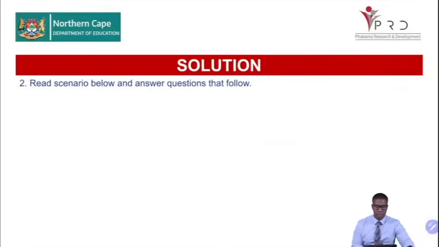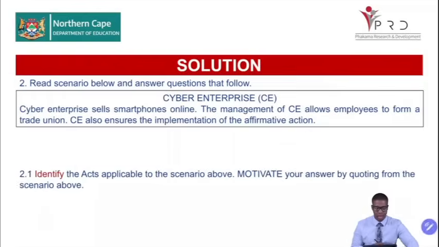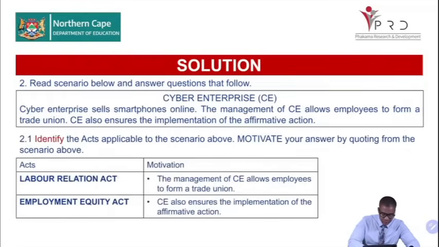So let's check if I'm correct with that interpretation and analysis. So yes, I'm correct. 2 marks would be for Labor Relations, and they say motivate your answer by quoting. How do you quote? You take from the scenario the entire sentence as it is until the full stop. So let's check. The management of CE allows employees to form a trade union. That is correct.